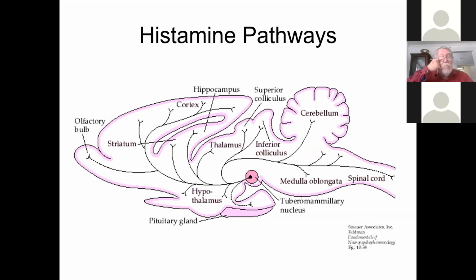So histamine in the brain is synthesized and released by the tuberomammillary nucleus. And you can see it innervates the olfactory bulb, the striatum, the cortex, the hippocampus, the hypothalamus, the thalamus, the tectal nuclei, the cerebellum, and then all the way down into the brain.